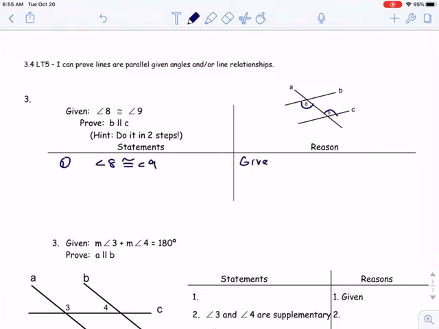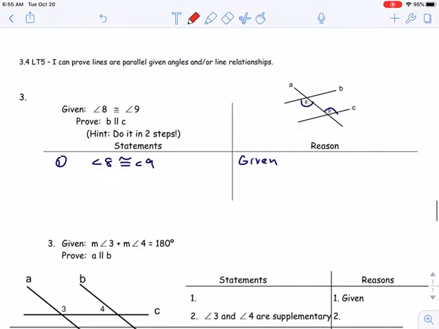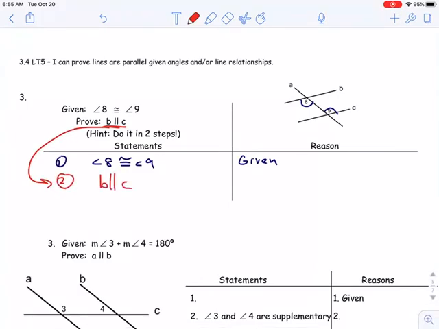Given. Okay. Number 2, again, I already told you we're doing it in 2 steps, so no chance you should miss the second statement. B is parallel to C. Why? Well, it's alternate interior angles converse.